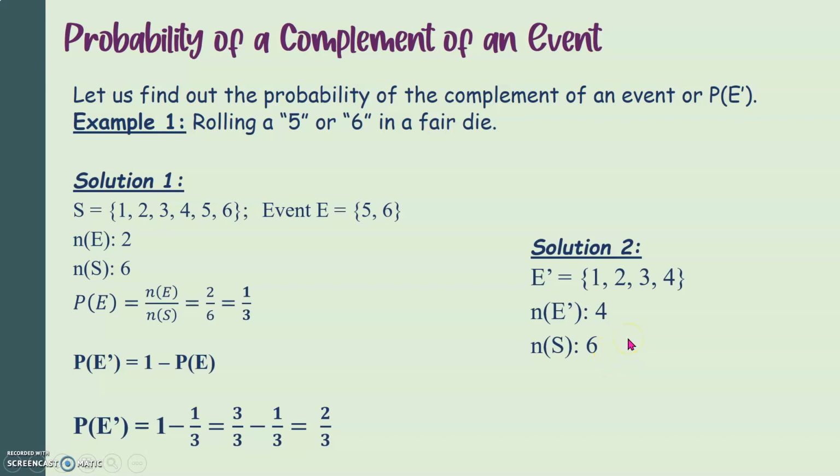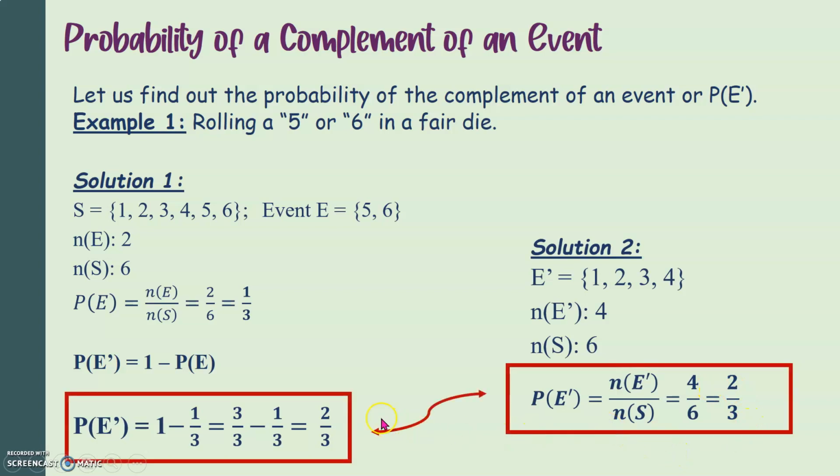So looking for the probability of the complement of the event, we have P of E prime is equal to 4 over 6. Simplify, that's 2/3. So we see here that although we have undergone different solutions, we still came up with the same answer. Okay?